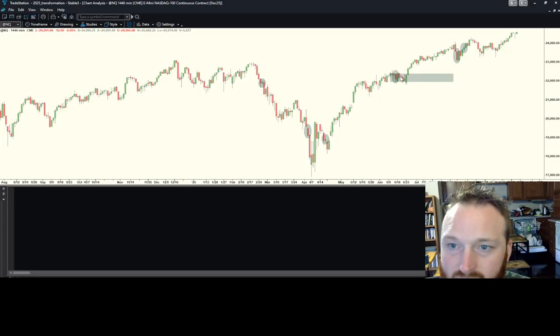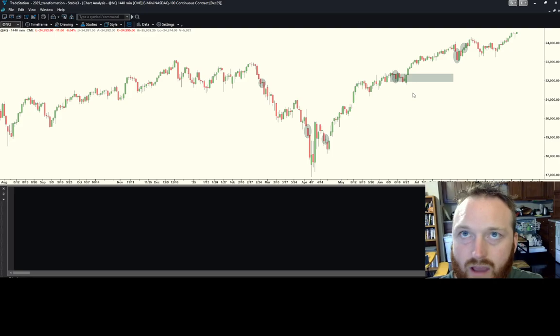Still, you would have lost once. This one almost gets there. I probably wouldn't have gotten out because it's not past the high. So anyways, you lose once, you lose twice, and then from this area you go long again, because the idea is to have a breakout box.